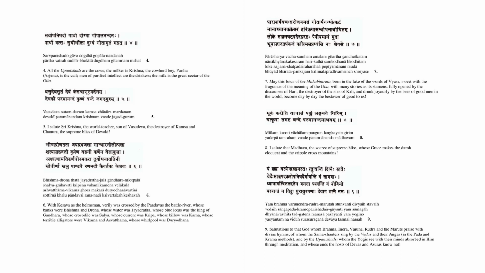They were Chanura and Mustika. Chanura was killed by Krishna in that wrestling fight, and Mustika was killed by Balarama. That is why it is called Kamsa Chanura Mardana, the one who killed Kamsa and Chanura. Chanura was not a soldier; he was a wrestler.